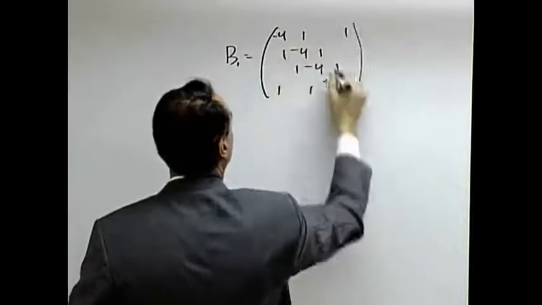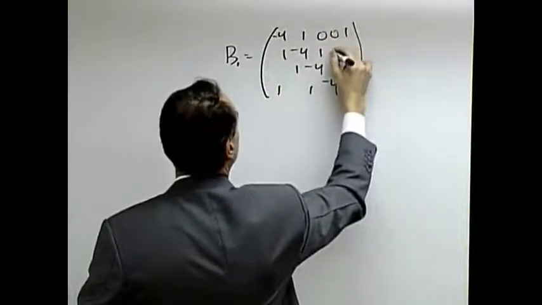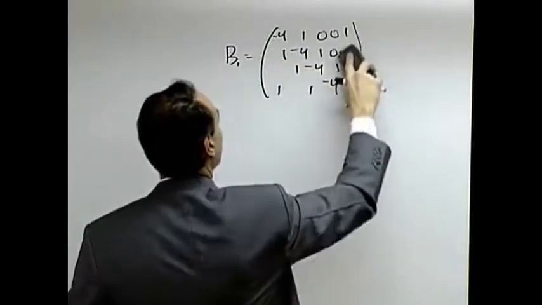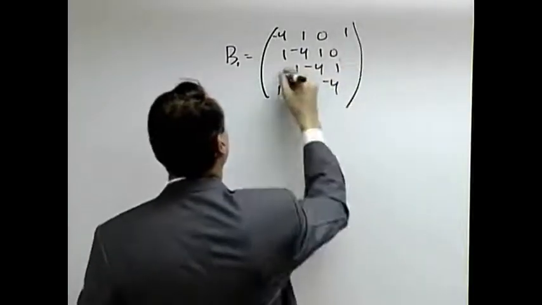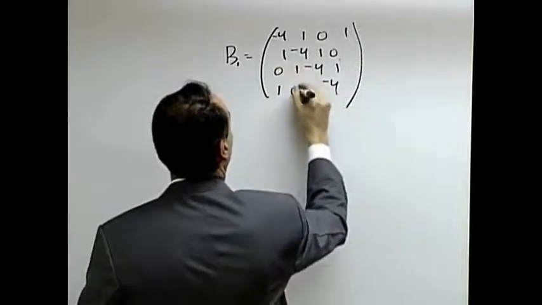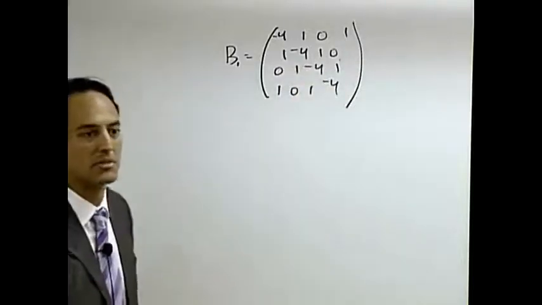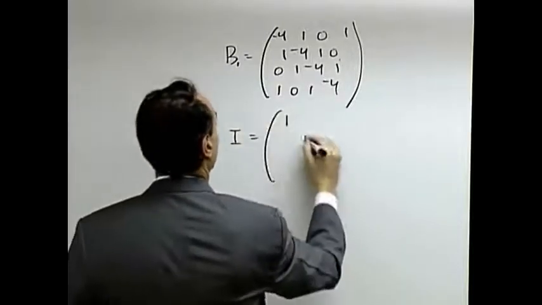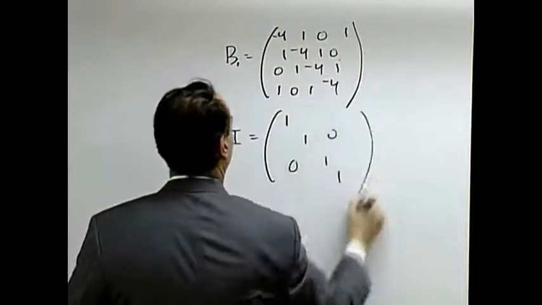The rest are zeros. Sorry, can't fit in all these zeros. Okay, and then a 0 here, and then a 0 there. Okay, that's a little submatrix. All right? And then I'll make the little identity matrix, which is 1s down the diagonal, 0 everybody else.